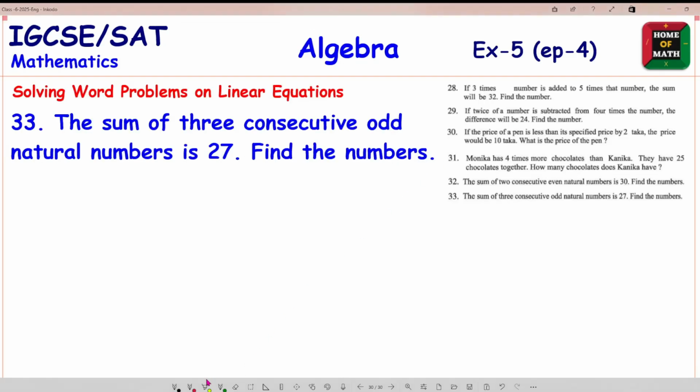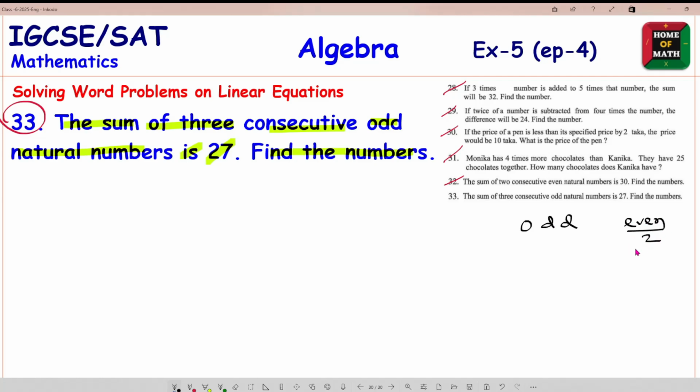Today's last question, and the question number is 33. If you understand 32, you can understand 33 also. Here it mentions the sum of 3 consecutive odd natural numbers is 27. Find the numbers. Odd and even we know, right?